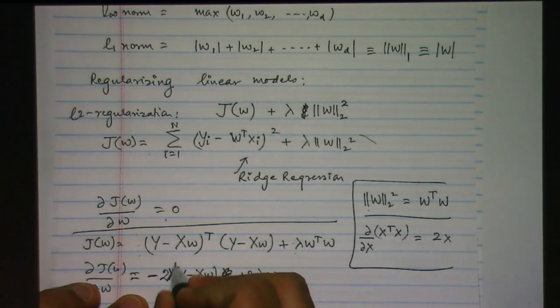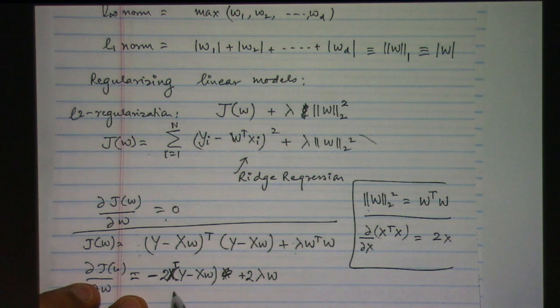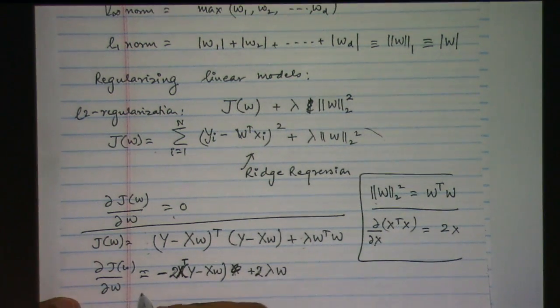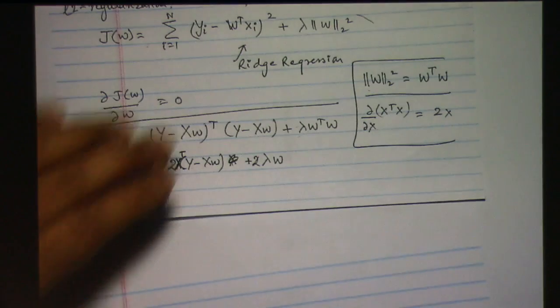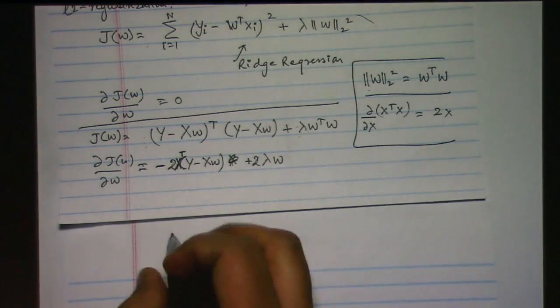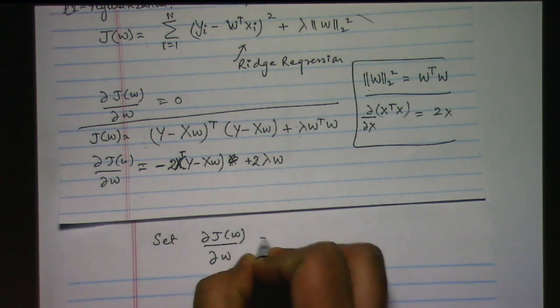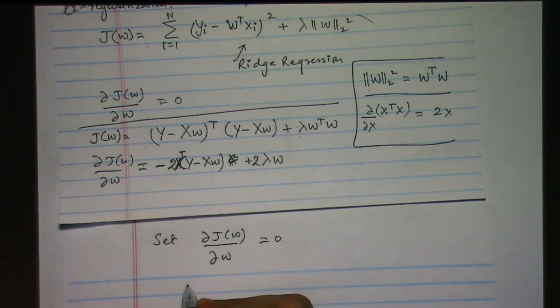Let's transpose it, so I can make sure all the dimensions match. Then all the 2's go away, and you set this to 0. Essentially you have minus 2 x transpose (y minus xw) plus 2 lambda w equals 0.